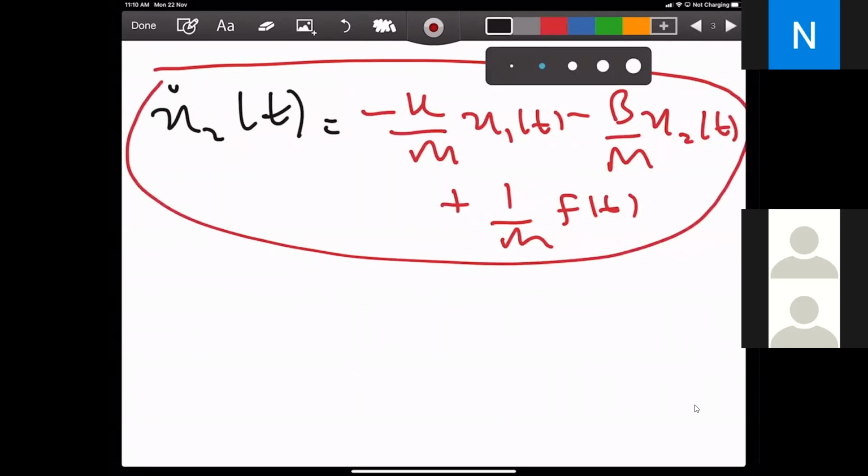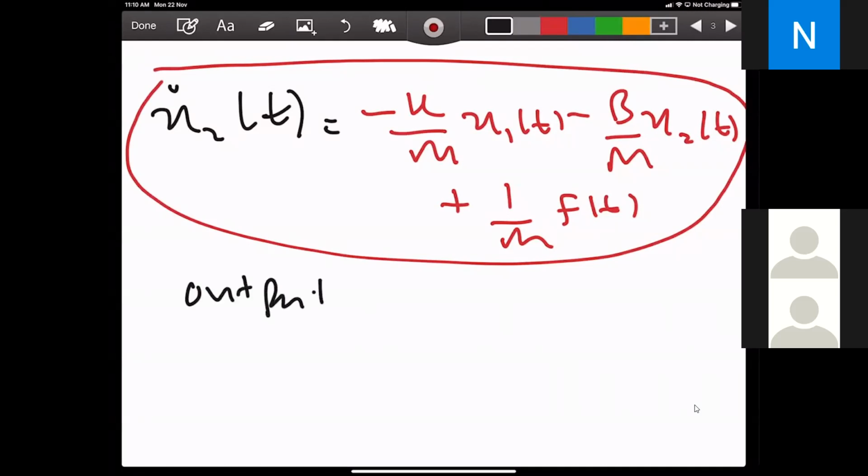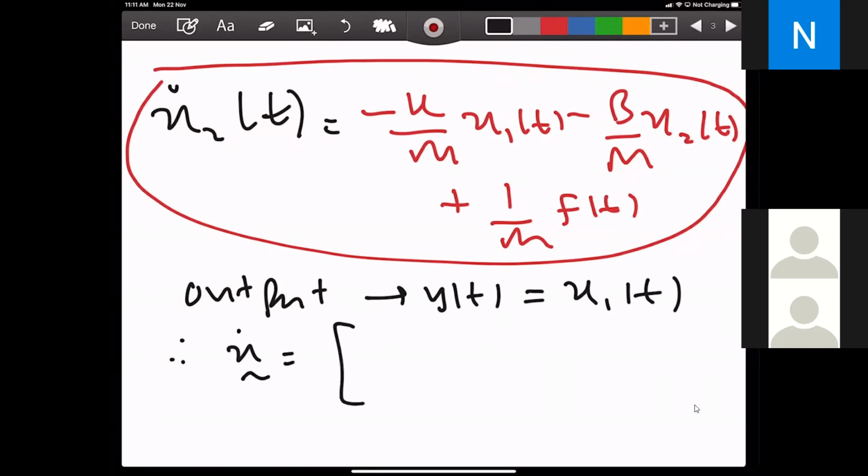But we must not forget the output. The output is y of t, which is equal to x1, the displacement. Therefore, you can get the state space representation.